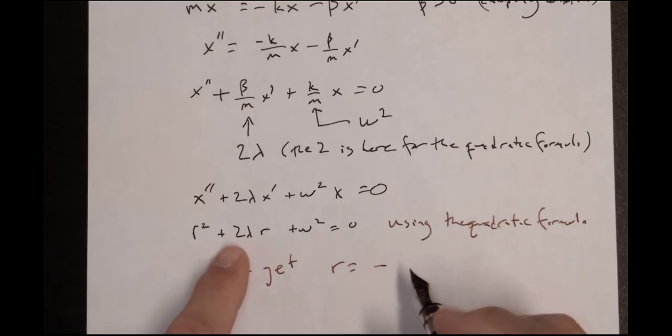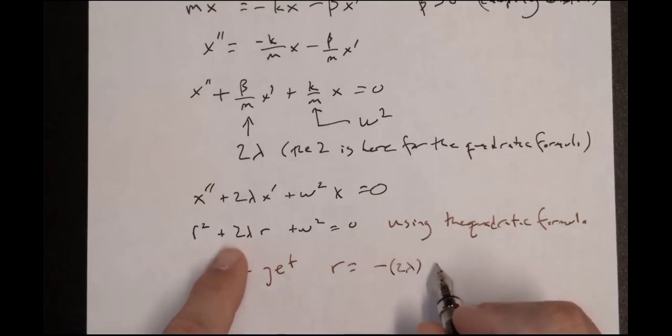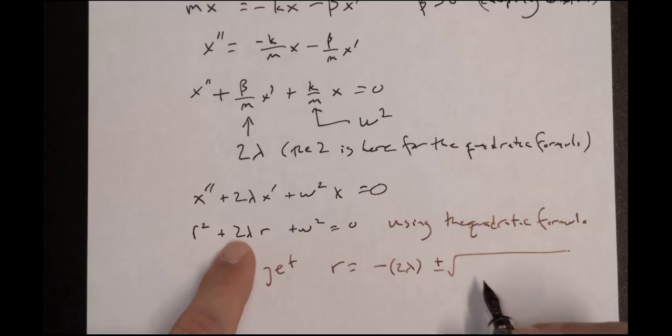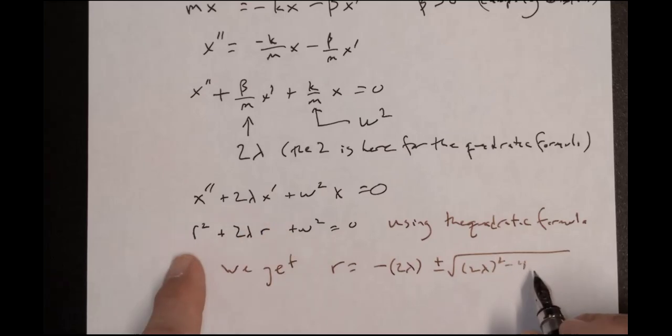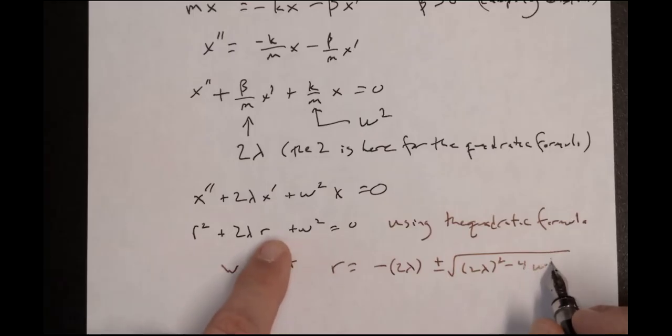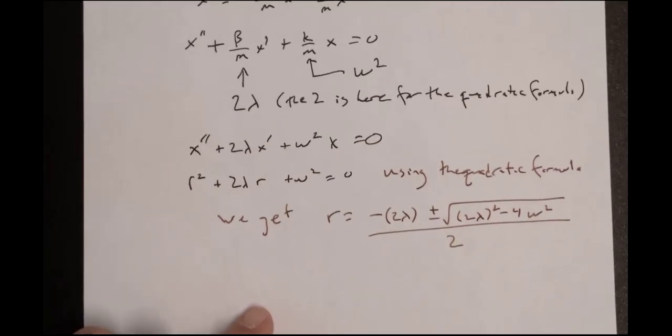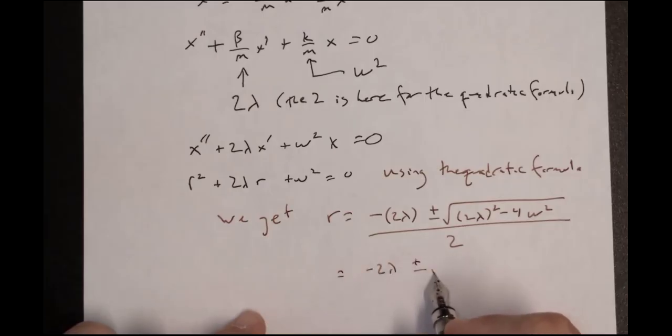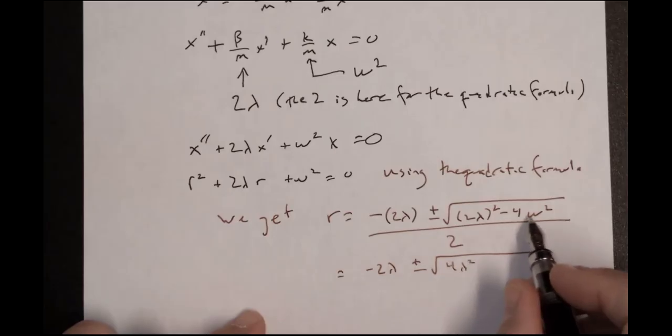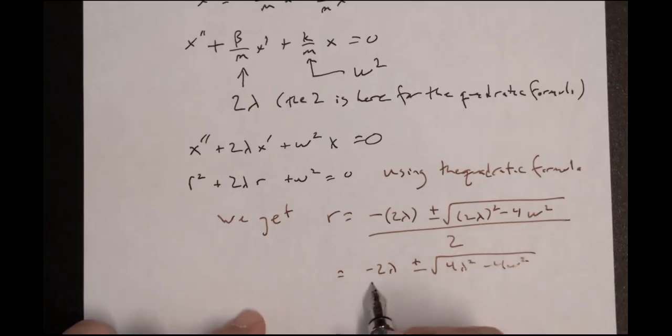Negative b plus or minus the square root of b squared minus 4, a is 1, c over 2a, but a is 1. Wait a second. 2 lambda's quantity squared is 4 lambda squared minus 4w squared.